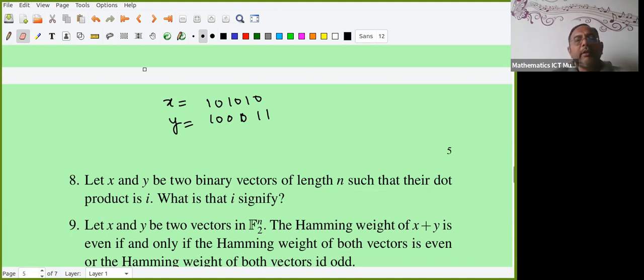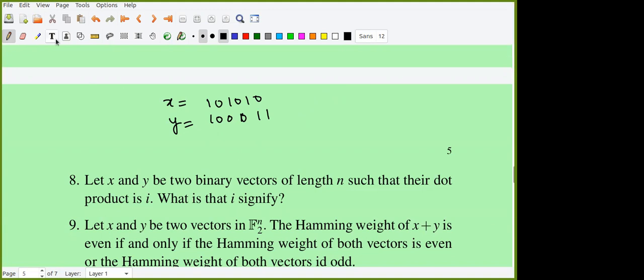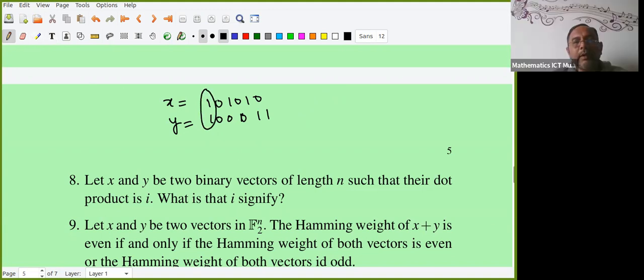How many positions do they have common ones? I'll write 2 positions. What are those? This one and here, right? So I is equal to 2. After multiplying, the dot product also you'll get 2 only, right?